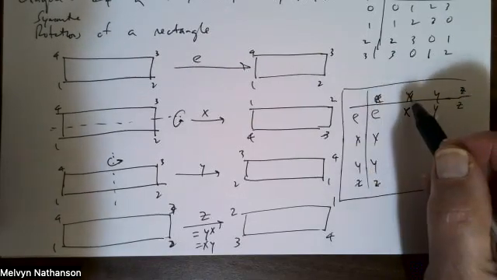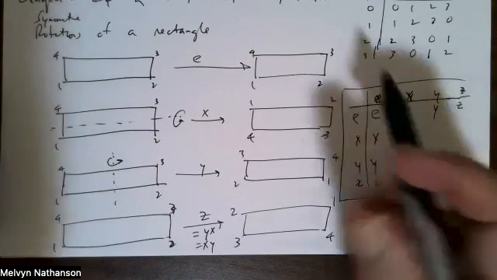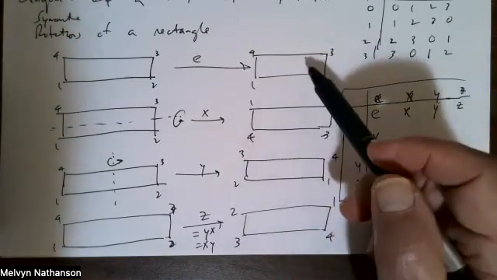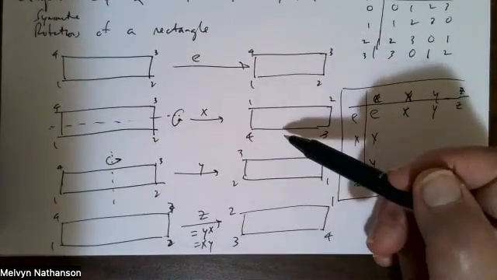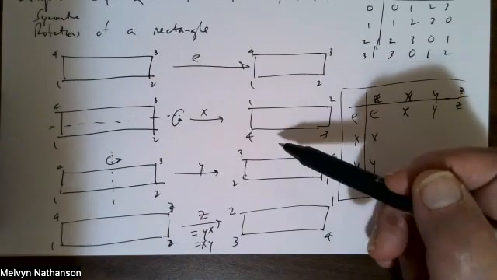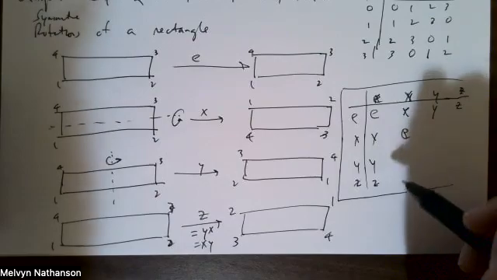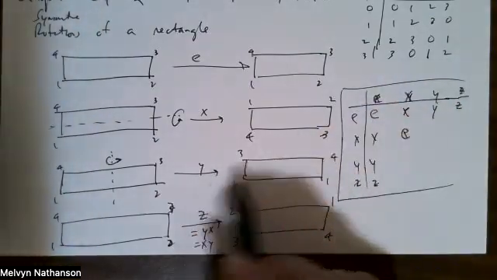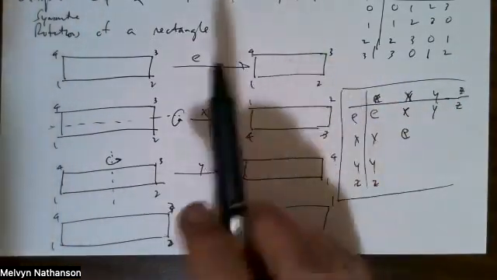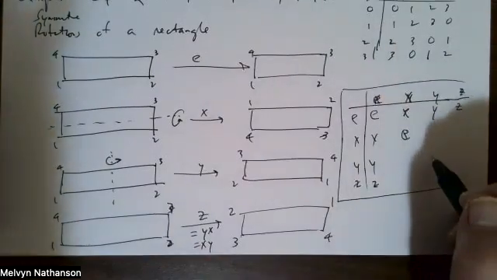But what is X times X? That's what goes in here. This means flip horizontally again, you're back where you started. That's the identity. If you flip vertically, and then flip vertically again, Y times Y, you're back where you started.